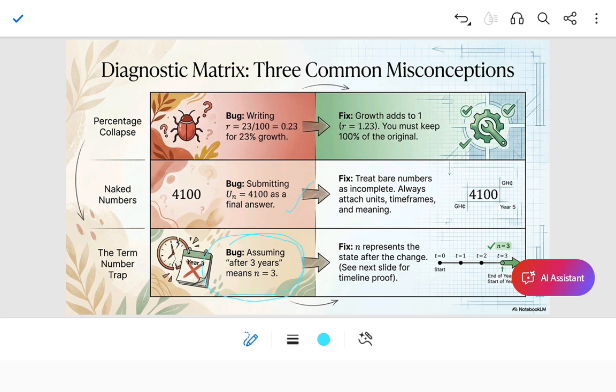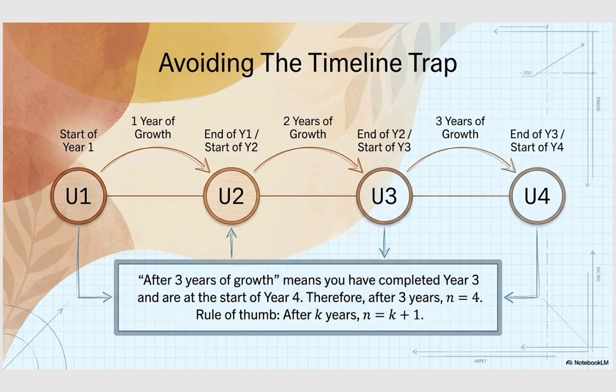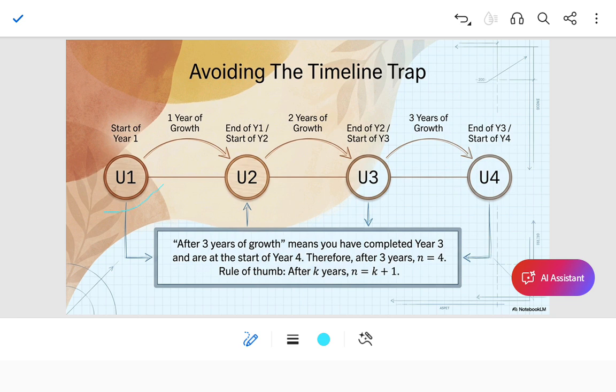This is because N represents the state after the change. Let's go to the next slide and see. We have the first year, 2nd year, 3rd year, 4th year.